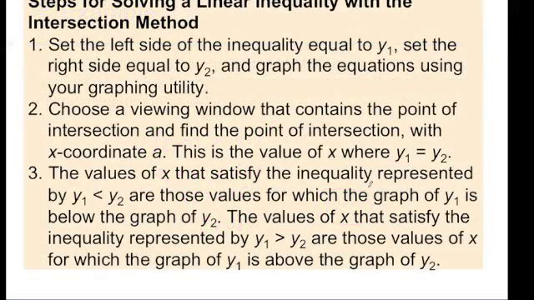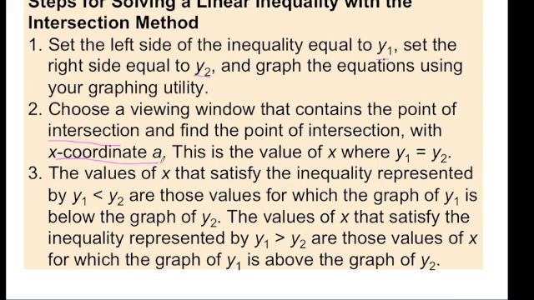We also can solve inequalities using our graphing calculators. For the intersection method, we'll set the left side of the inequality equal to y1 and the right side equal to y2, just split up with the inequality symbol. Choose the viewing window that contains the point of intersection and find the x coordinate of the point of intersection.